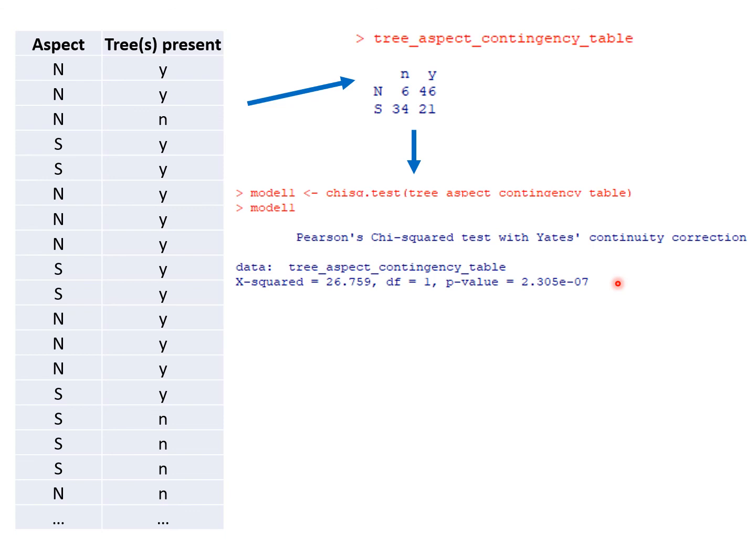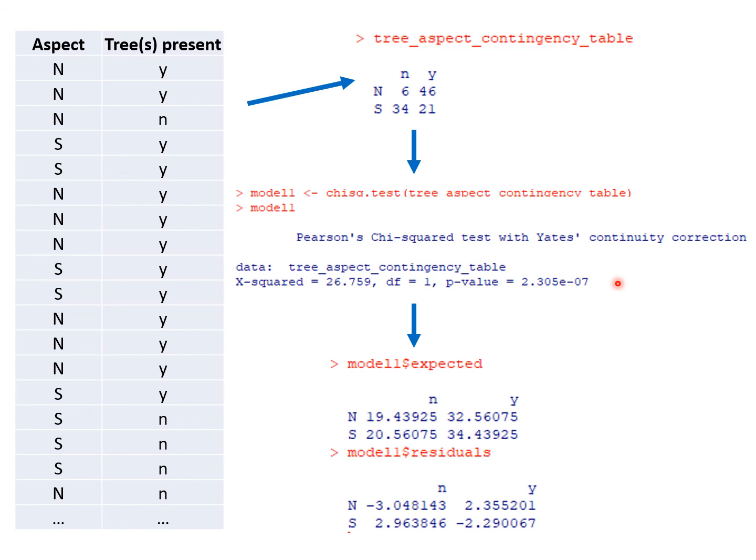Then to find out where that difference lies, we can look at the expected values and the residuals, and by comparing expected to observed, or by looking at the residuals, we can see two things.